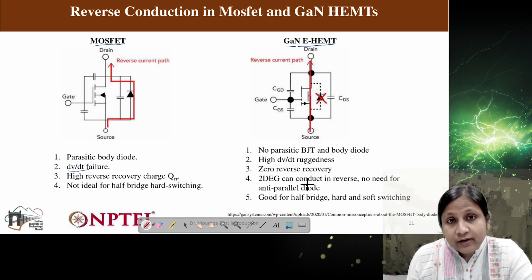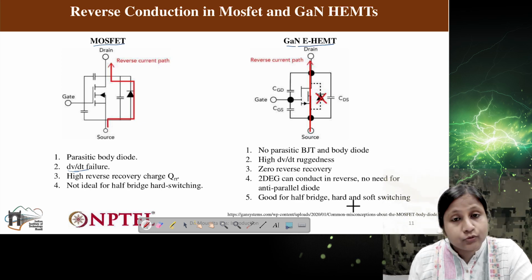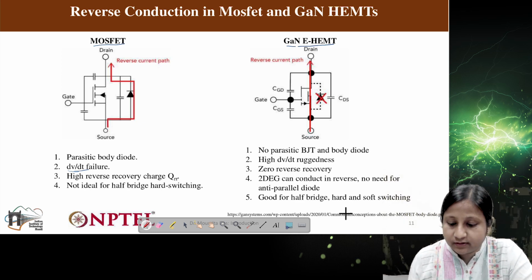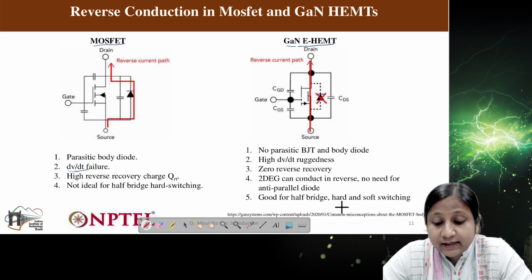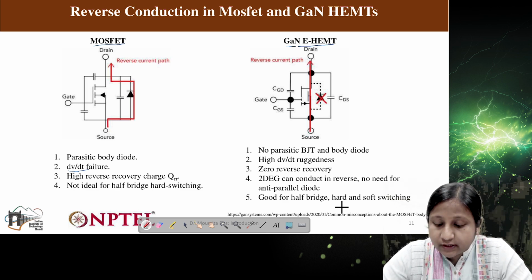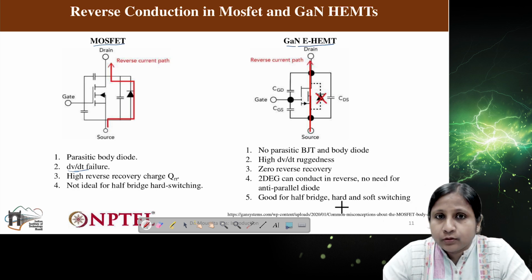This device is suitable, even ideal, for half bridge hard switch or soft switch operation. So compared to silicon and silicon carbide, GaN has a different structure and also a different symbol. It doesn't have a body diode, which is advantageous because there will not be any reverse recovery problem.